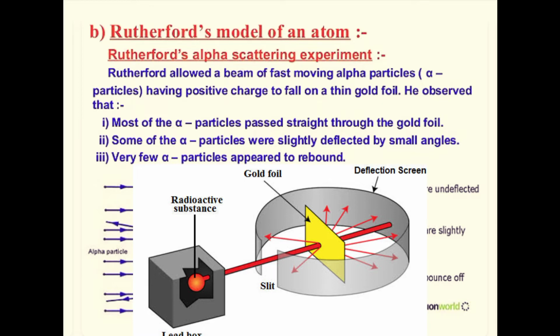Some of the alpha particles were deflected by small angles. Very few alpha particles rebounded, as you are seeing in the figure. Some are passing through, some are making angles, and some are rebounding.